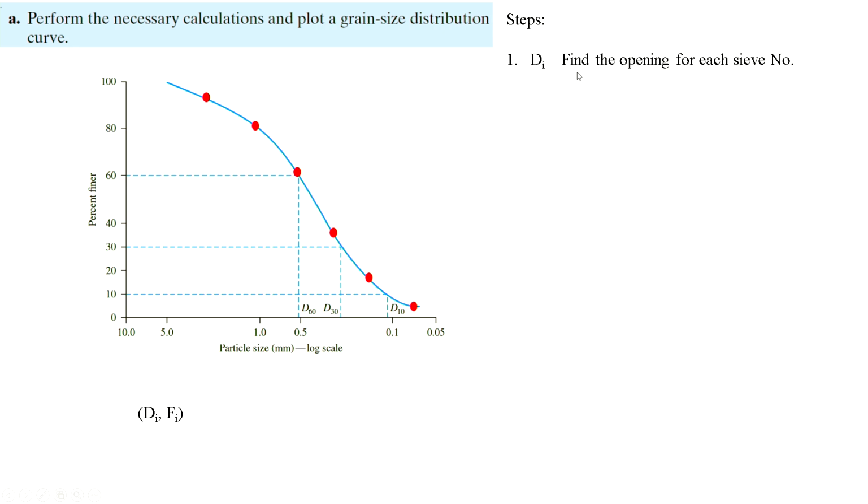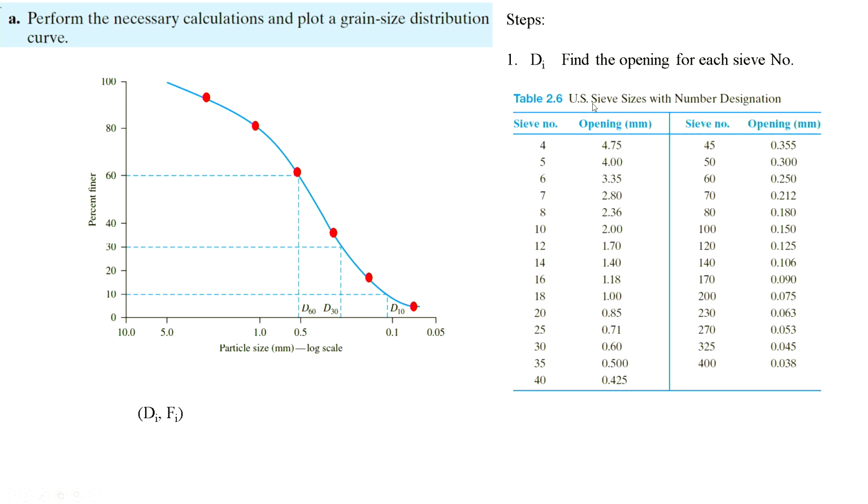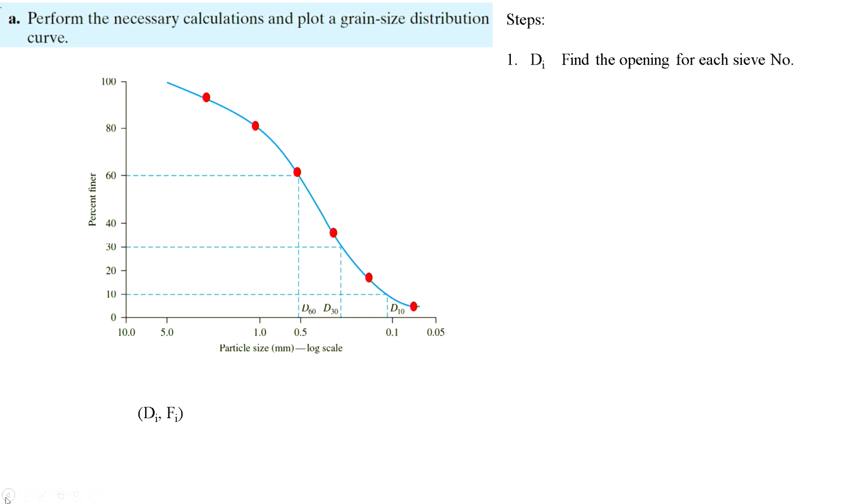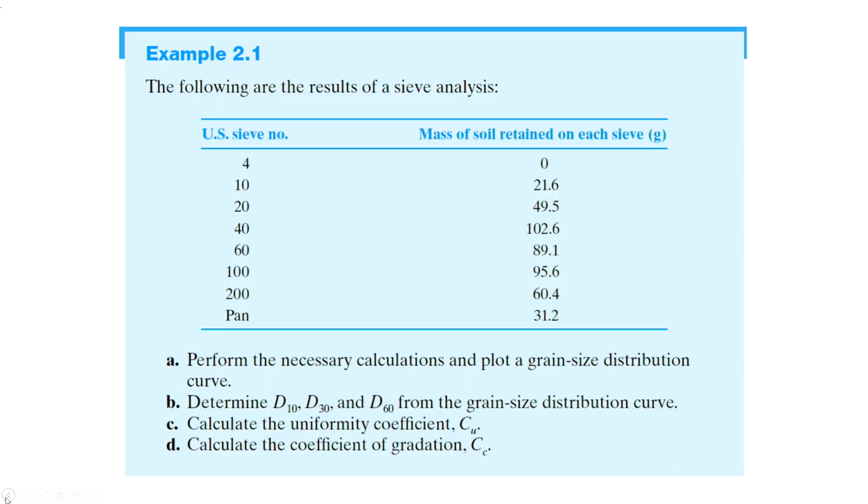Di actually finds the opening of each sieve number. This is a US sieve, sieve size with number designation. And the problem in here gives you 4, 10, 20, 40, 60, 100, 200, right?